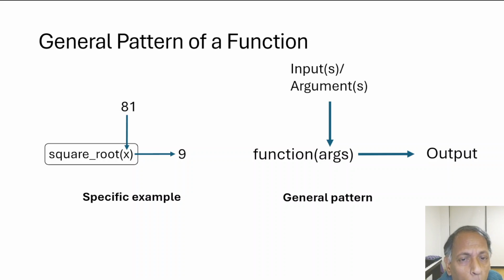Now what the function does will be determined by its name. In other words, people who write functions will give it appropriate names so that just by reading the function name, we'll get an idea of what it does. So square root is an appropriate name because this function is computing square roots. For example, another function name could be square, or it could be mean, which computes the average, and so on.